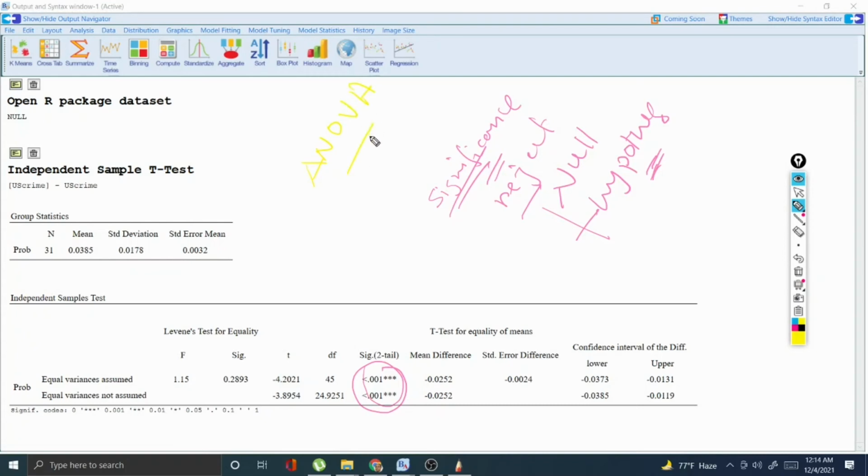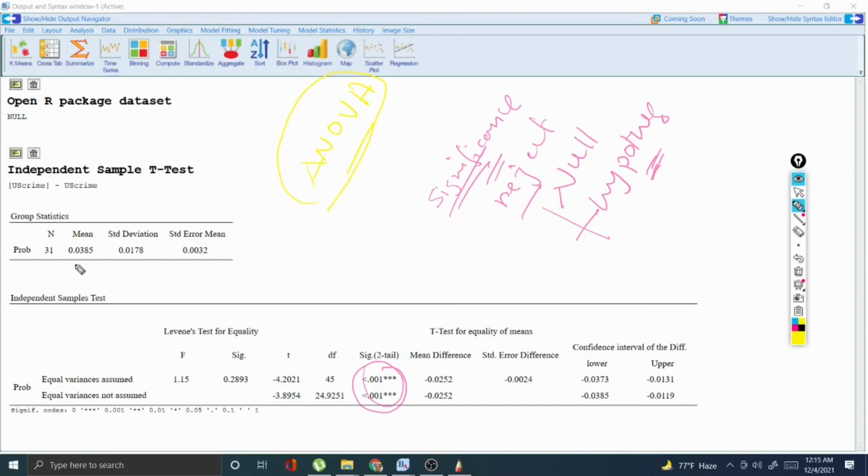Okay, so if we have more than two groups to compare the means, the ANOVA is the best way to analyze the statistical significance of comparing group means. So we use ANOVA when we have a comparison of means of more than two groups. If you have a two-group comparison of means and it is normally distributed, then the t-test is fairly okay.